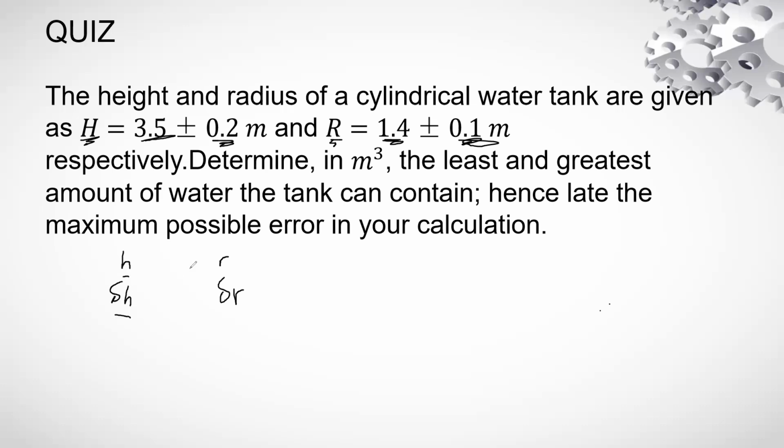First, ignore the actual values. Using small h, small r, delta h, and delta r, obtain for me an expression for the maximum possible error in calculating the volume of this cylindrical water tank.